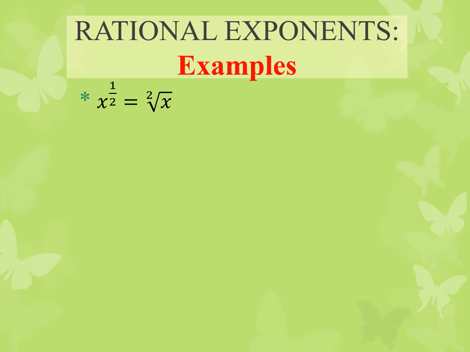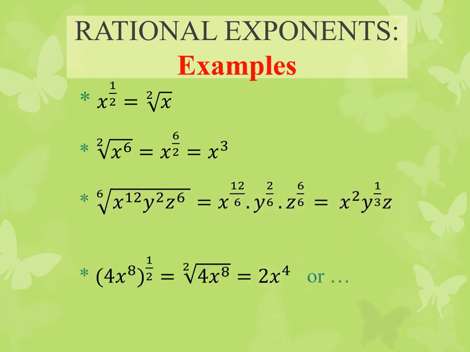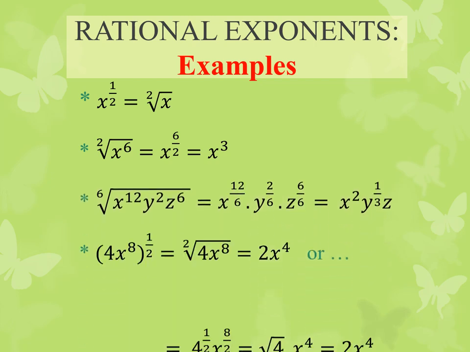Let's look into that. What do we mean? We mean that x exponent 1 over 2 is the same as the square root of x. And that is true.